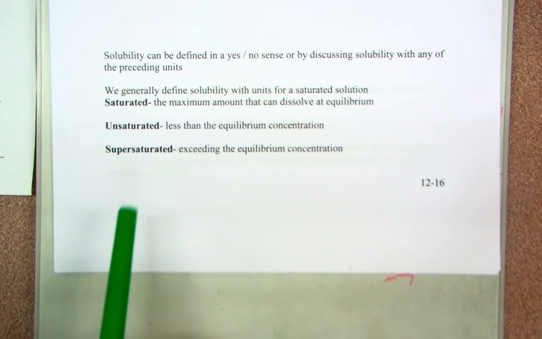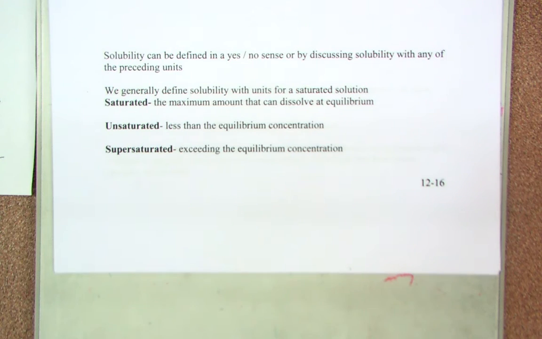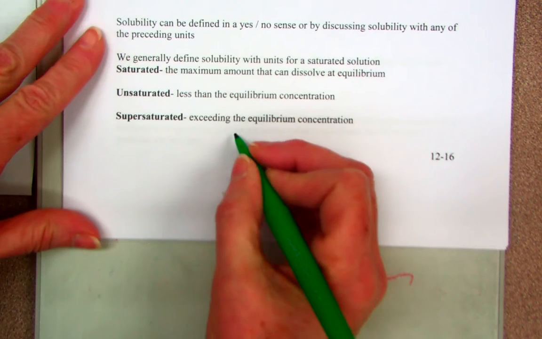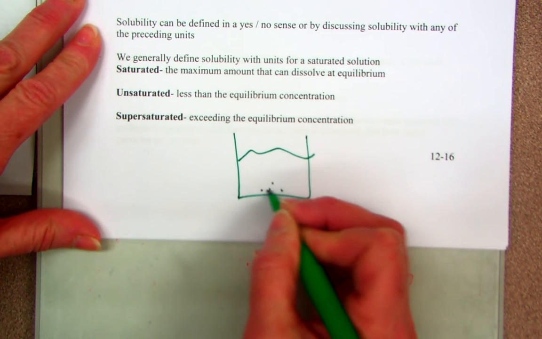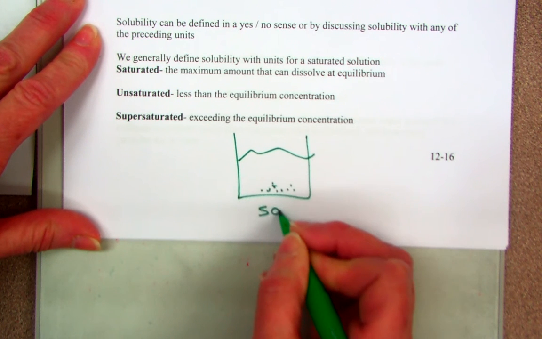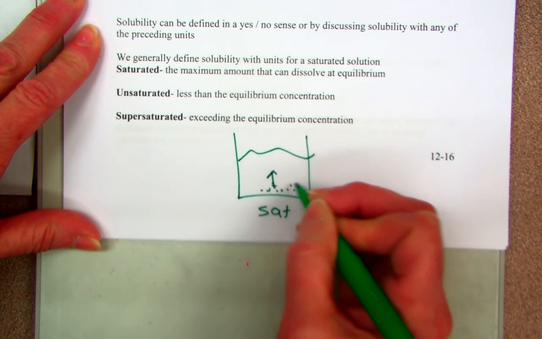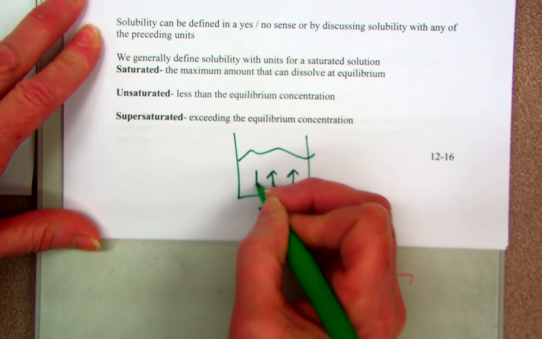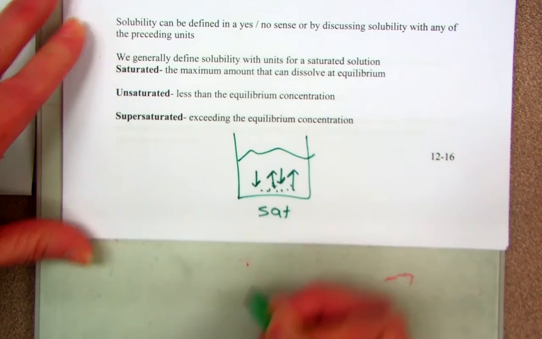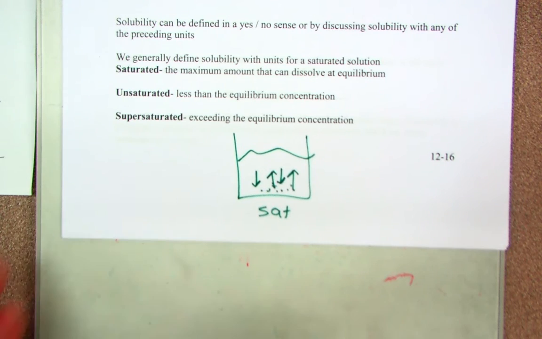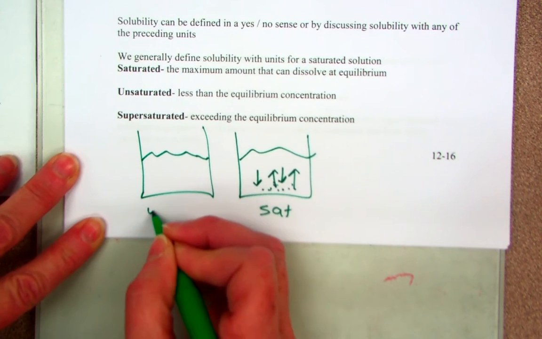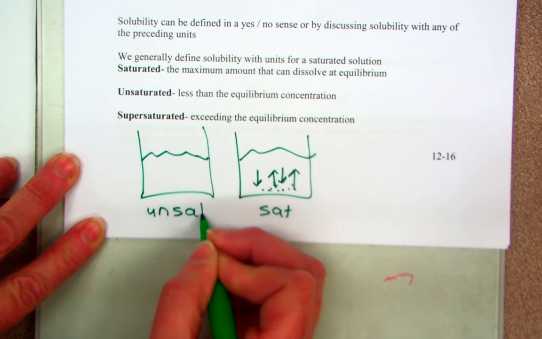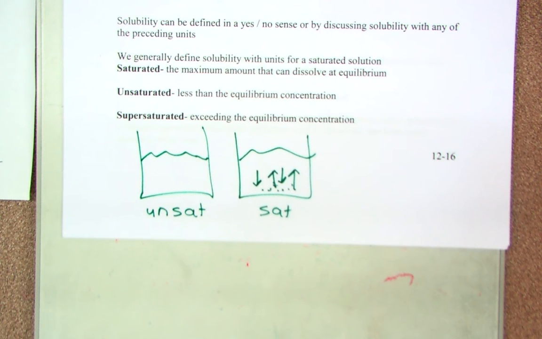But the definitions we want to work with for now are saturated, unsaturated, and supersaturated. When you have a saturated solution, you can tell that it's saturated because you have solid sitting at the bottom. And you have solid going into solution at the same rate that it is coming out of solution and precipitating. When you have an unsaturated solution and you look in the beaker, you just see the solvent because you can't see what's dissolved.